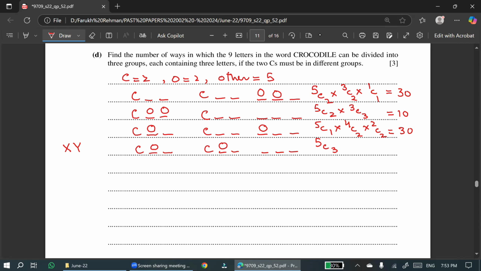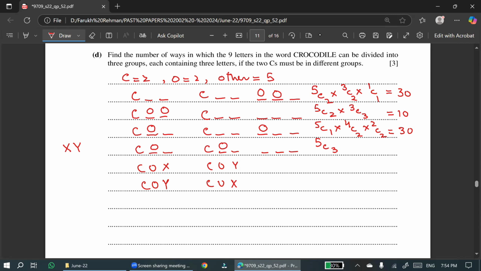If we place X in the first group and Y in the second group, then this one is the only option. Or if we place Y in the first group and X in the second group, then you can see that COX and COY, there is only one option.